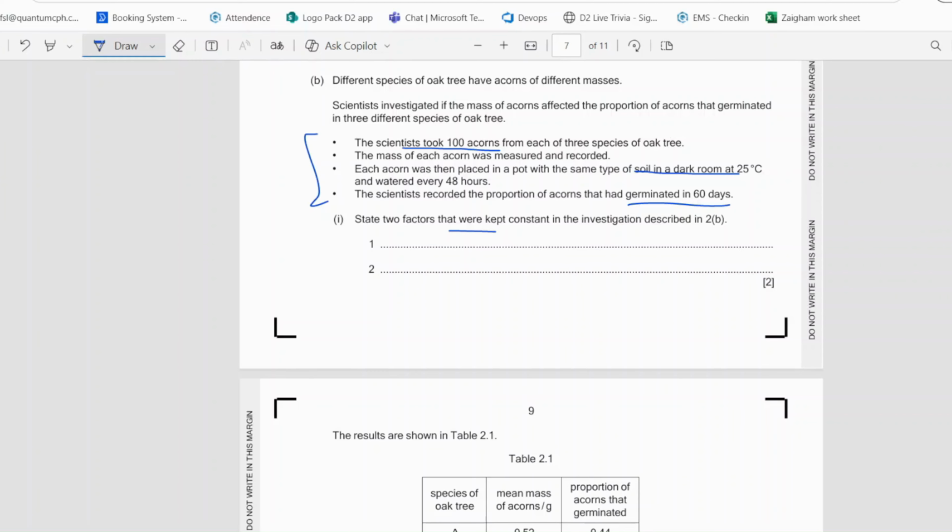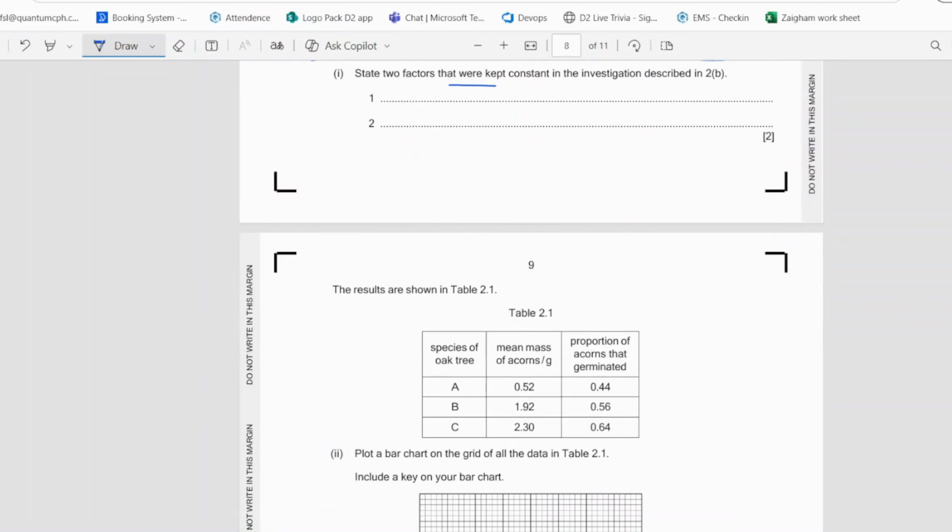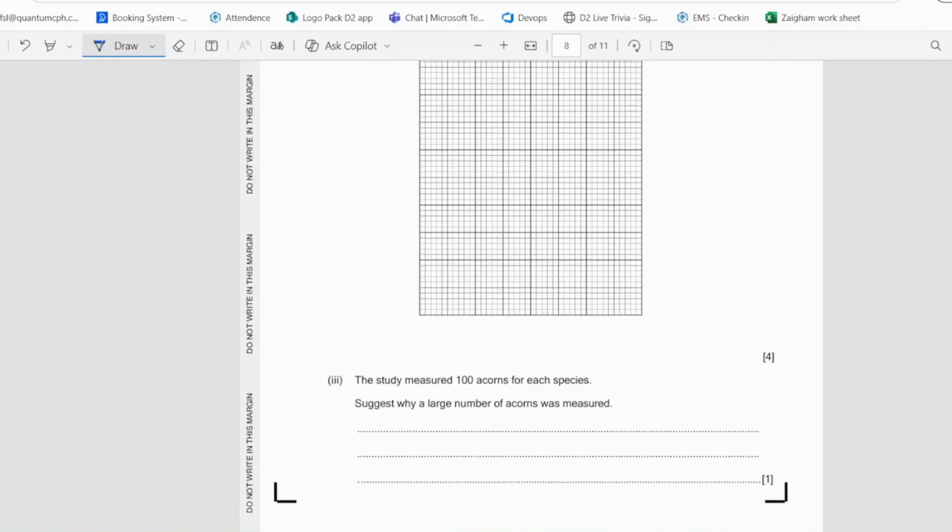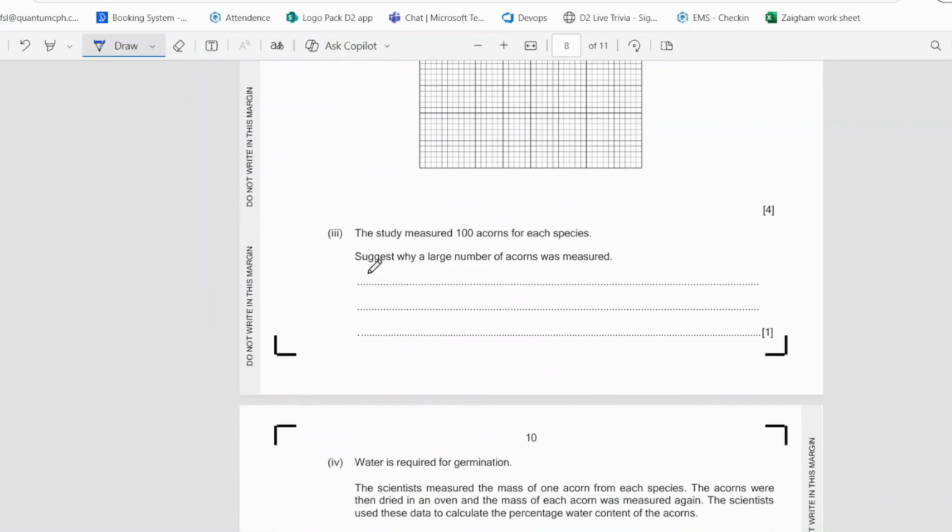Okay, temperature and species. Okay, next one is a table is given and you have to draw a graph. Okay, why was a large number of acorns measured? No, no. We have done such a question when a diagram was given in which half a flower was outside, and then we had to calculate the number of flowers in the region.